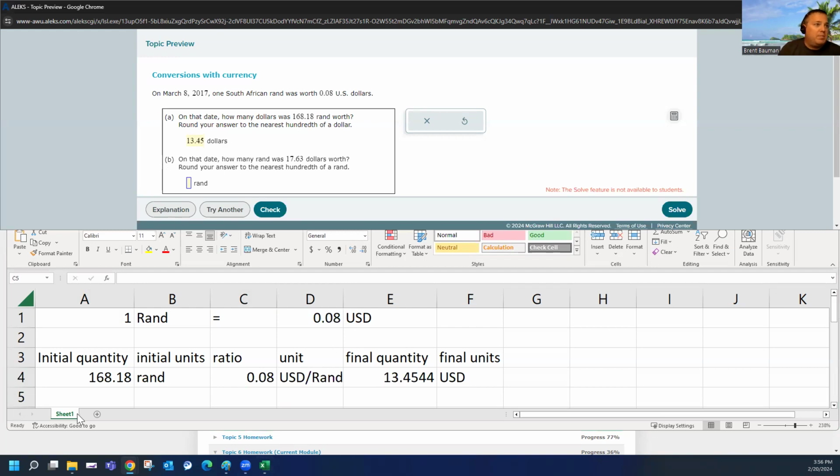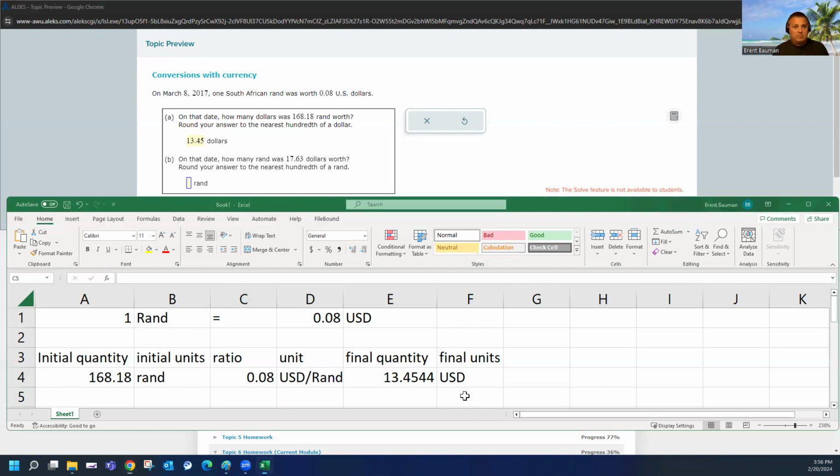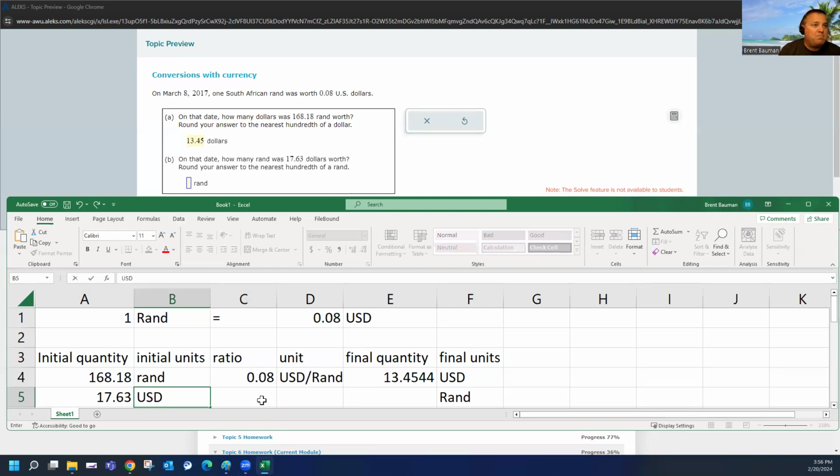Now the second one, B, is asking how many rand. So we put that as our final units, and we're starting this time with $17.63 of US dollars. Now when I go to do my units, I want the rand at the end, so that should be in my numerator.